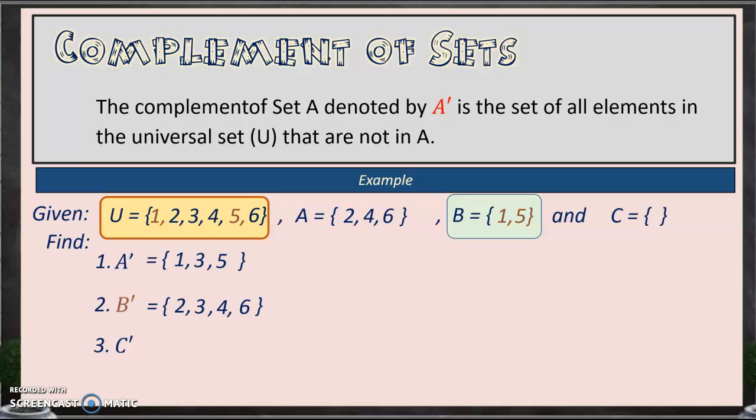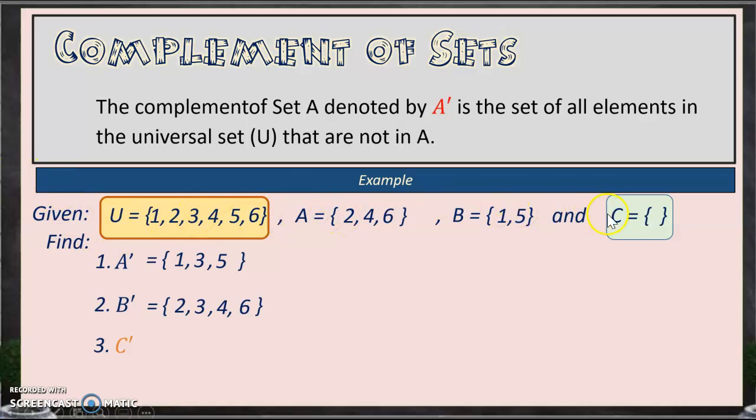Next, C prime. So you will look again at the universal set. When we say universal set, it consists of all the elements being considered in a given problem. So it consists of elements of sets A, B, and C. Let us look at the universal set and set C. What are the elements of the universal set that are not in set C?